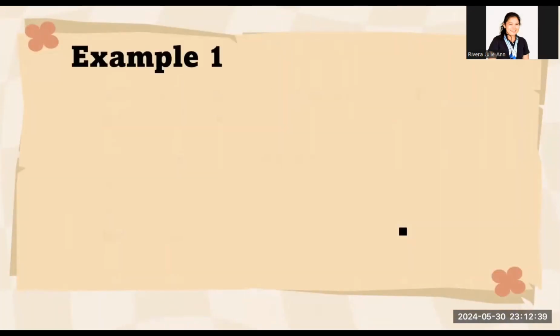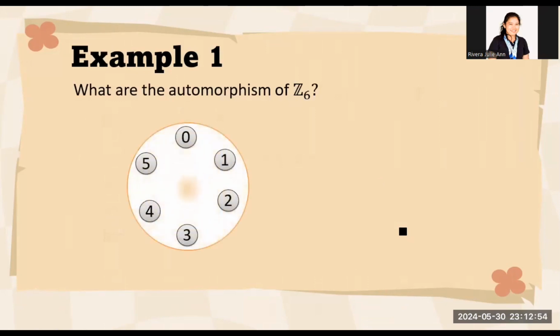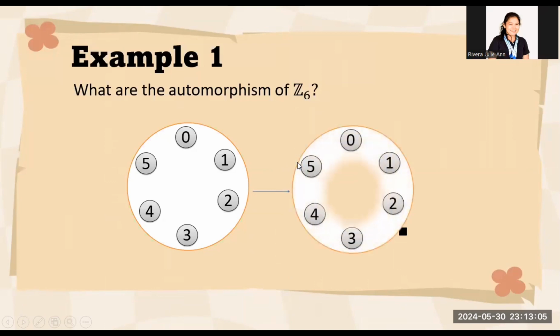Example number 1. What are the automorphisms of the integers mod 6? First we illustrate the generators of Z mod 6 mapping to Z mod 6. The generators of the integers mod 6 are 1 and 5.